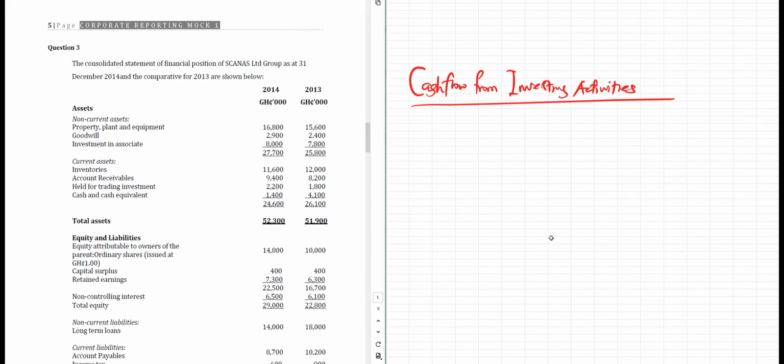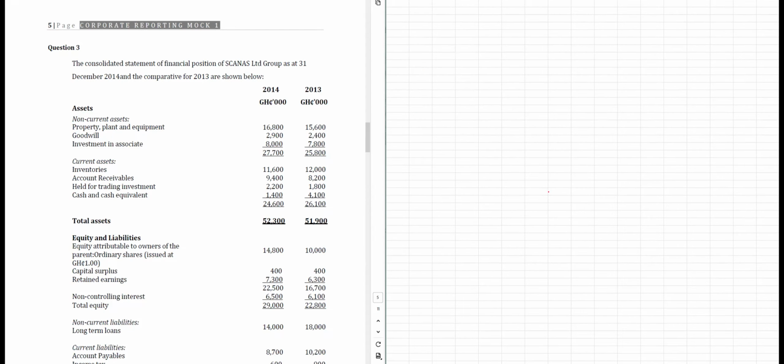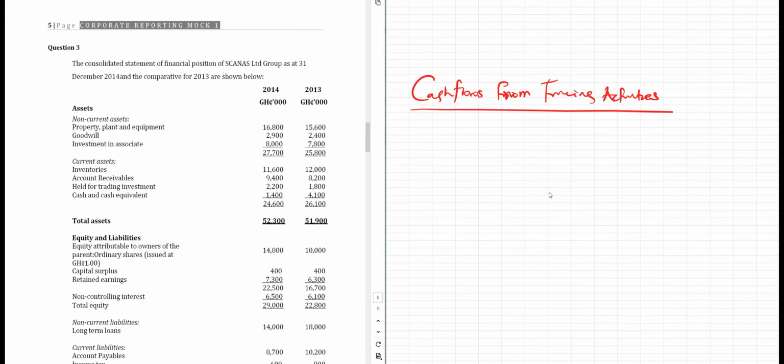Then somewhere down here, we do cash flow from financing activities, right? Good. Then down here, I'm going to say my net cash and cash equivalents.